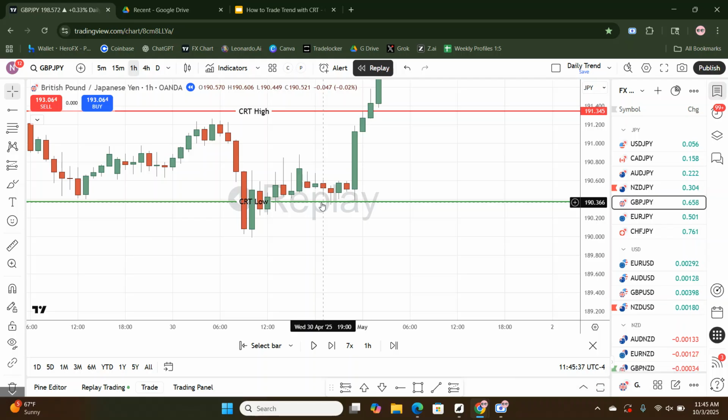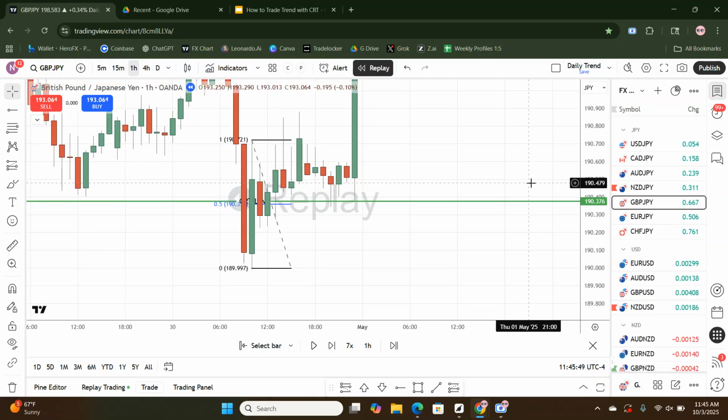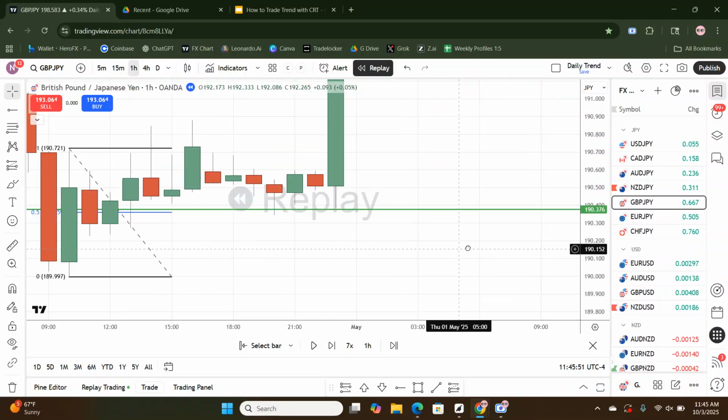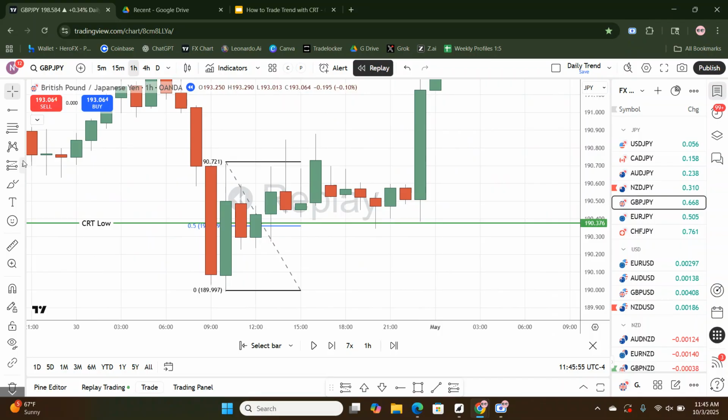I'll tell you what, one trick you can use is using a fib to look at the retrace, just on the candle that closed inside of it right here. And anything around or below the 50% level is fine. So let's just say for the sake of this example, you would have got in right in here, right on the level.